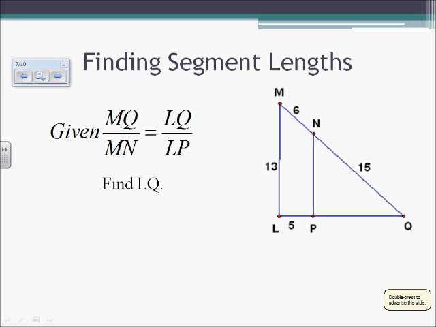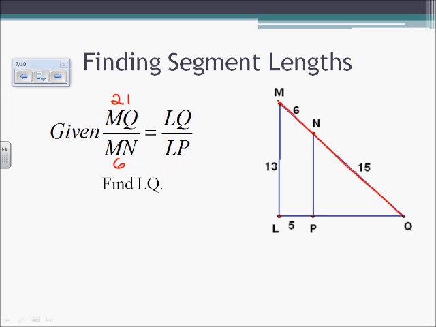Alright, next problem. Similar setup as the previous one. Finding segment lengths. Given that MQ over MN is equal to LQ over LP, find LQ. So MQ is the combination of MN and NQ added together, so therefore we know that MQ is going to be 21. The single part MN is 6.